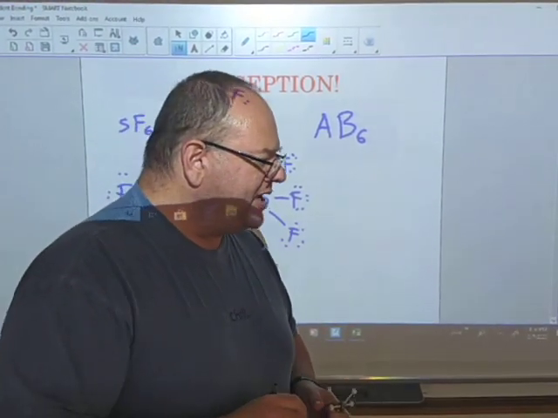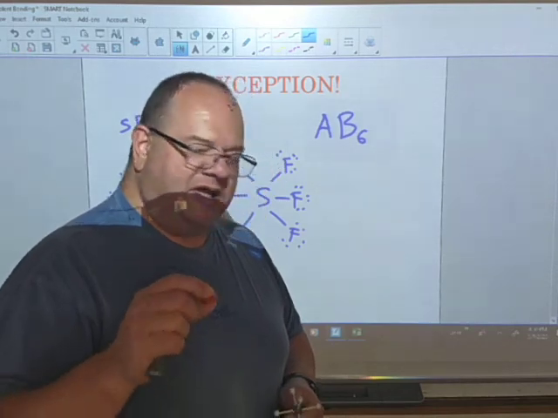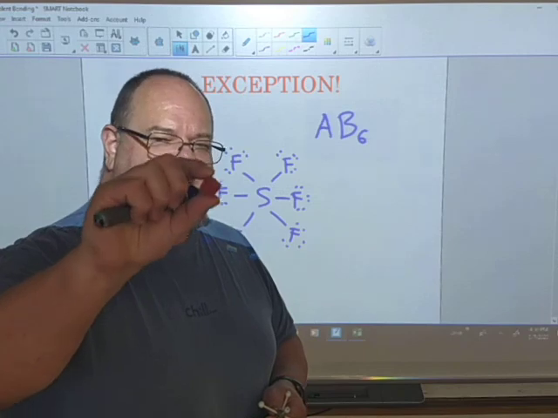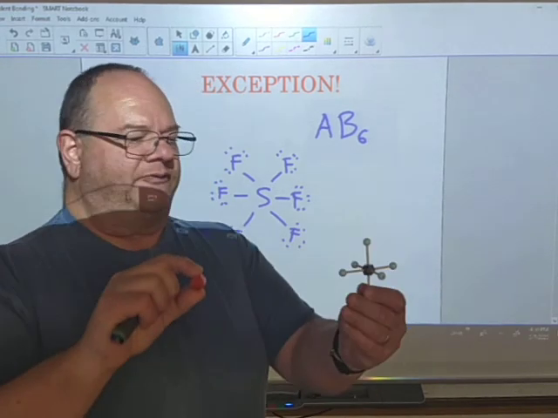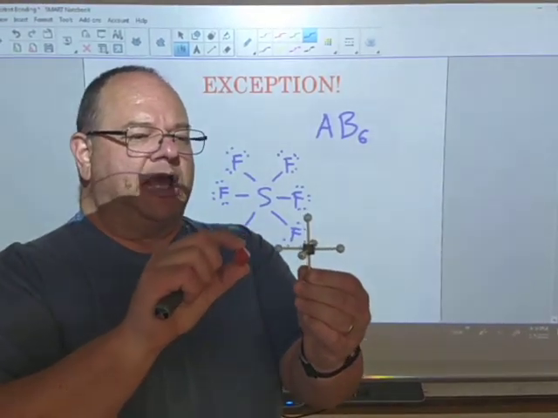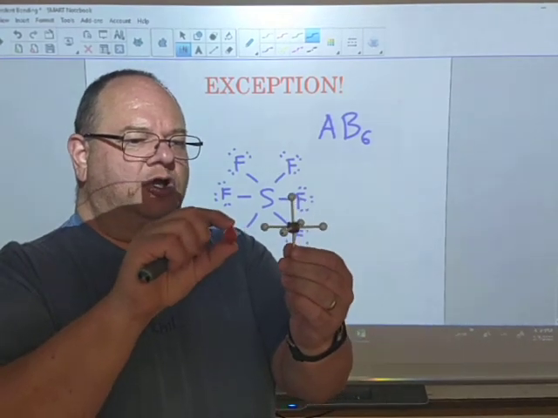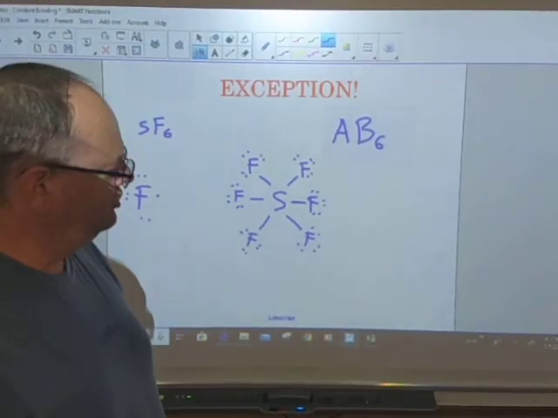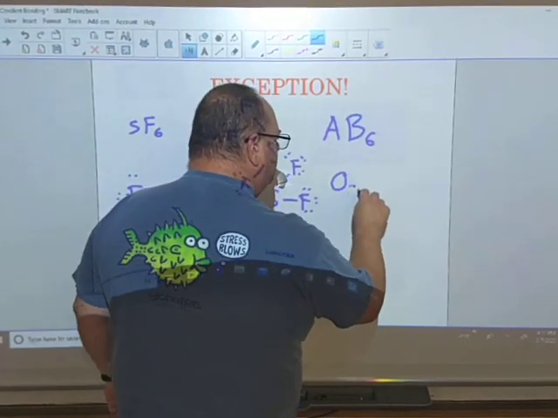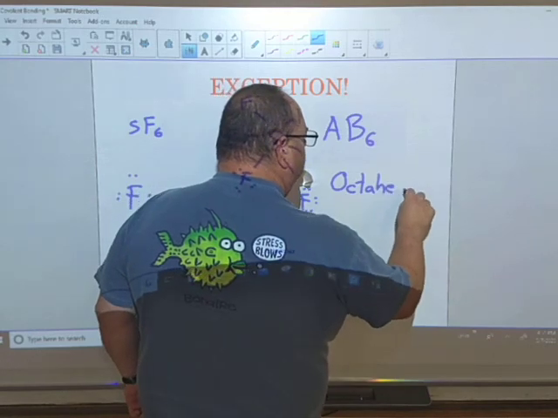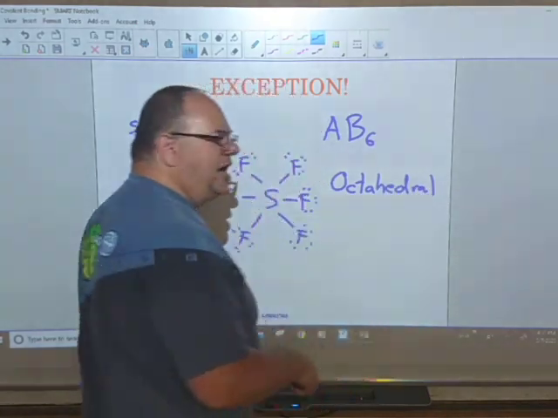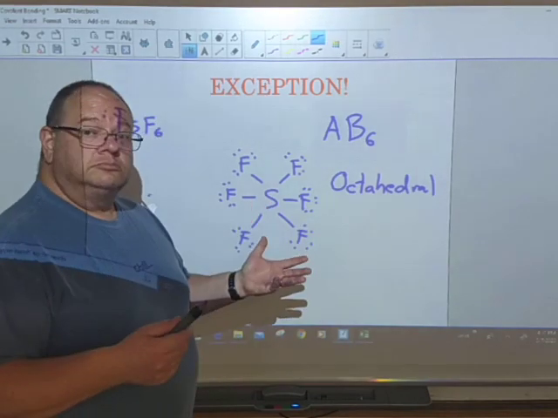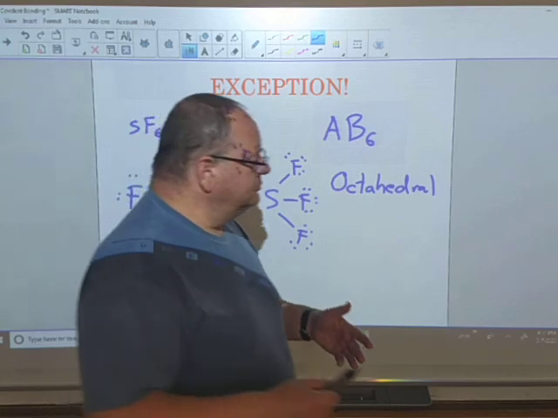Somewhere I have a 4-sided die, but I couldn't find it before I was making my videos. Here's an octahedron, an 8-sided die. So if you think about it, yeah, these points are each going to the corners of an octahedron. So this shape is called octahedral. Get it? Octahedron is the shape, octahedral is the adjective. Okay? All right.